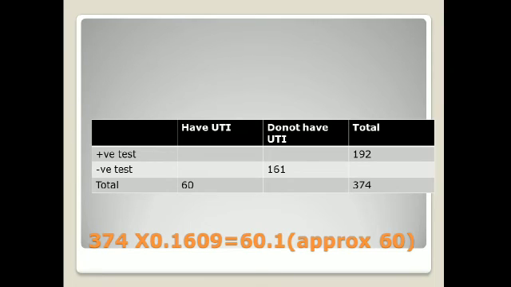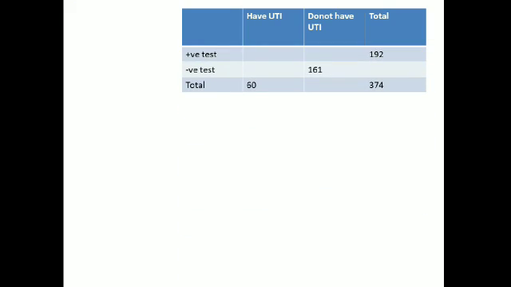So this is how I got the total of A plus C. Okay, meaning the total number of UTI patients was 60. So we have got this table now. From these 4 values we will be easily finding the other values. Okay, let's see how. This was the older table. Let's see the final table here.